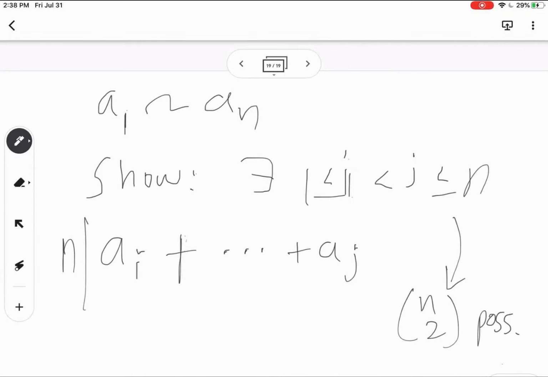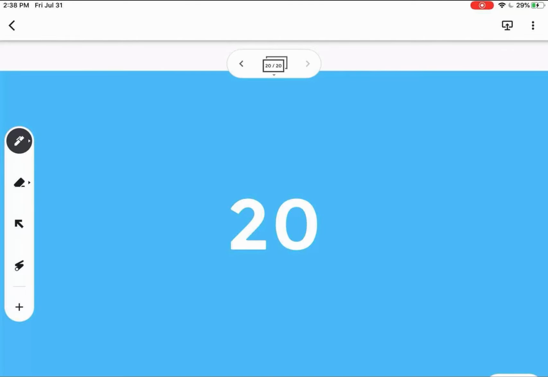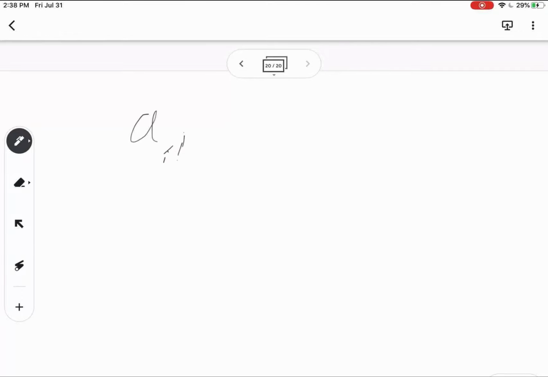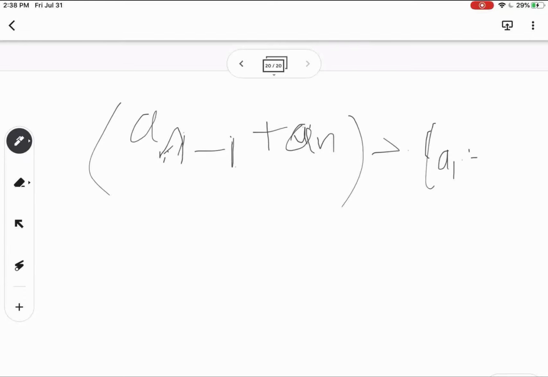And the thing is, if you take two of these things and you subtract them, you don't always get a valid thing, right? So if you have something like A(n-1) plus An, and you subtract this by A1 plus A2, well, this is not good, right?